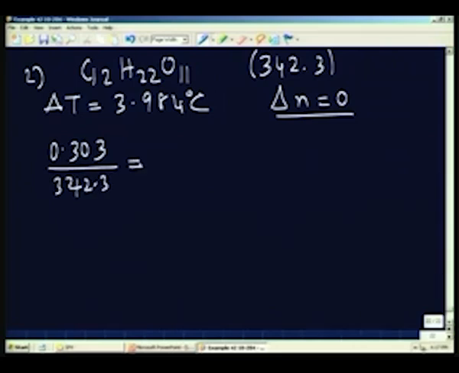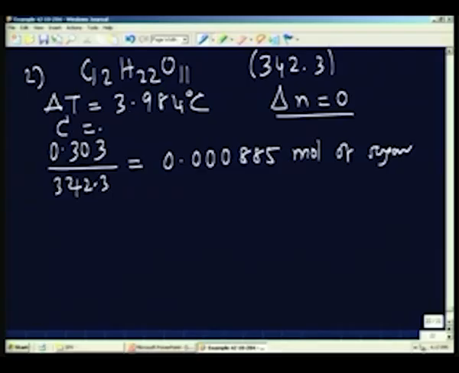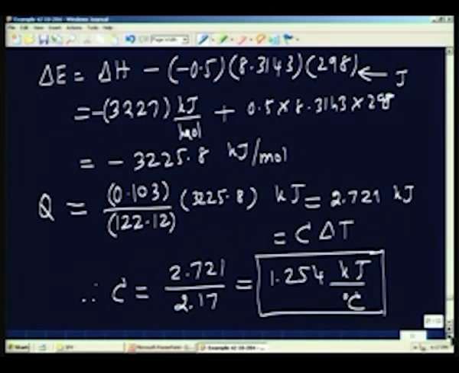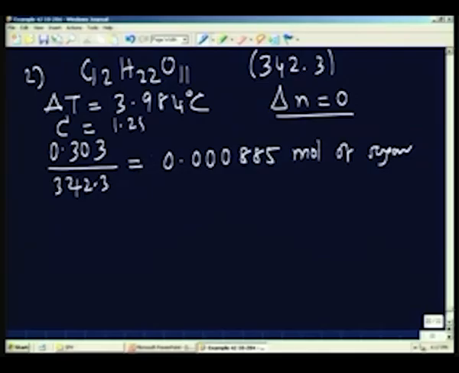This is the number of moles of the sugar, which will be nothing but 0.000885 moles burned, and delta T is given. C we already determined in the previous case. Let us go back and look at that. It will be 1.254 kilojoules per degree Celsius.